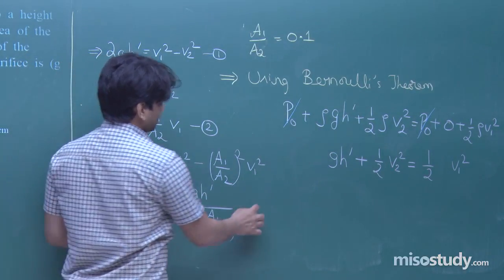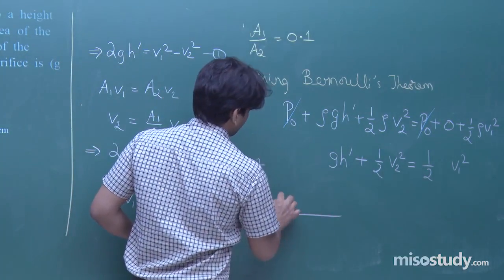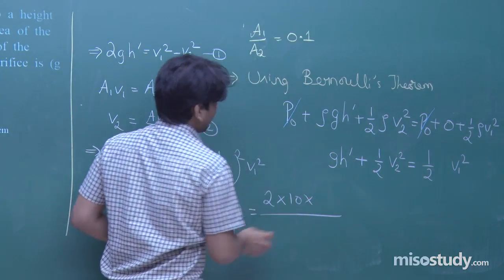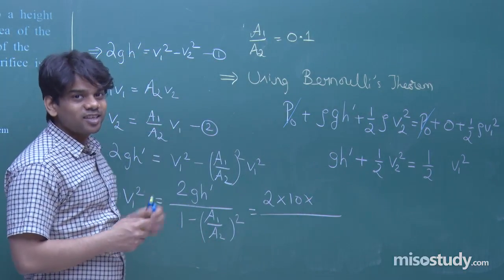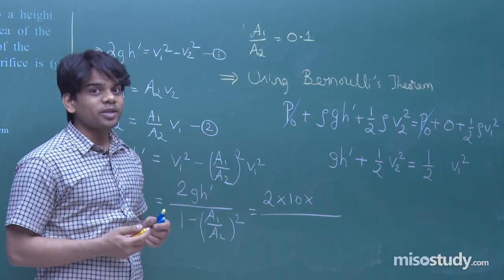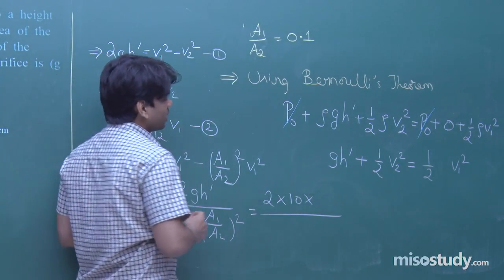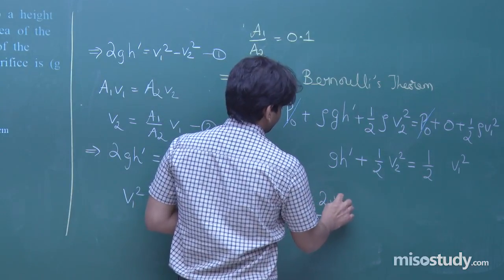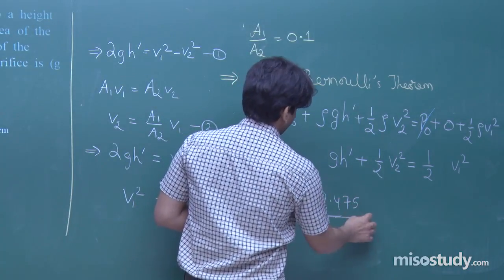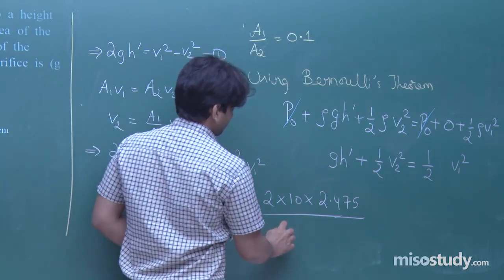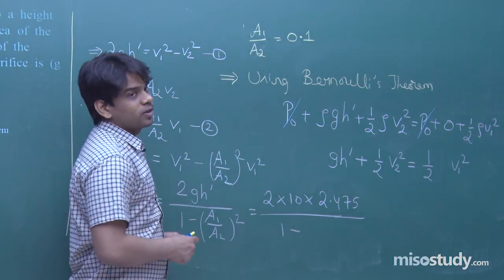Now 2g h dash: 2 into 10, h dash is 300. If you take it in centimeters, we convert it into meters. So 3 meters minus 0.525, you will be getting 2.475, divided by 1 minus A1 by A2 whole square, that is 0.1 whole square.